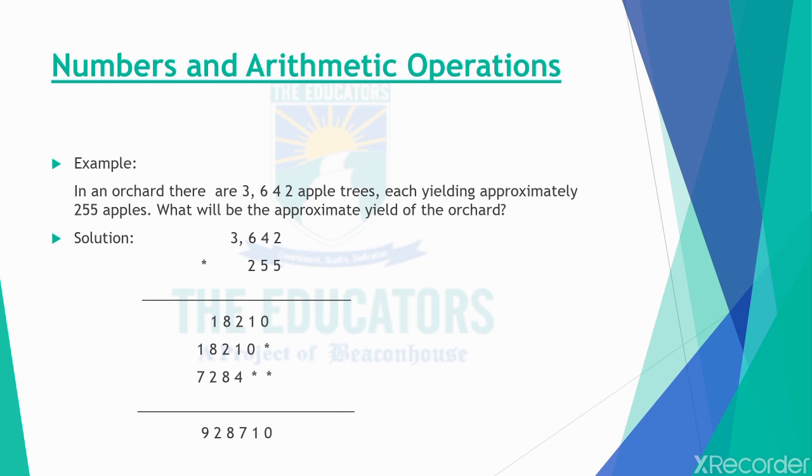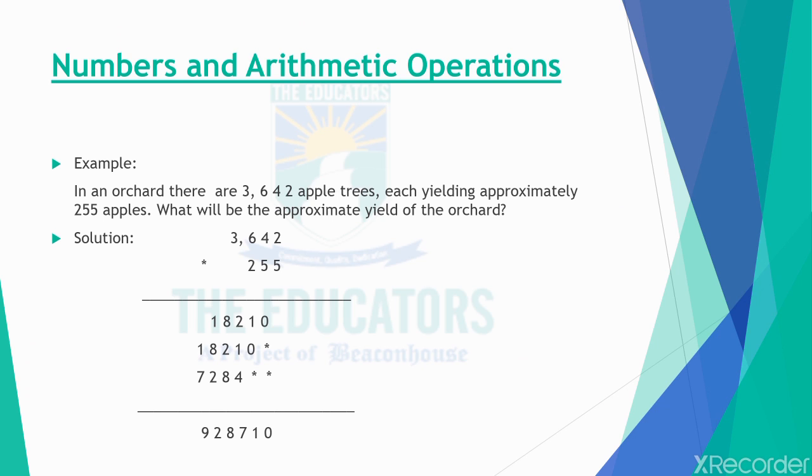We would start from the unit place. First we would write 5, which comes in the unit place, then again we would write 5, which comes in the tens place below 4, then we would write 2, which comes at the hundred place below 6. Now we would start multiplying them. We would read the table of 5 till all these numbers and we get 18,210.